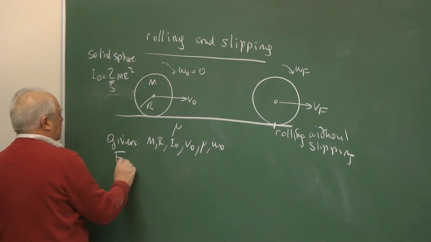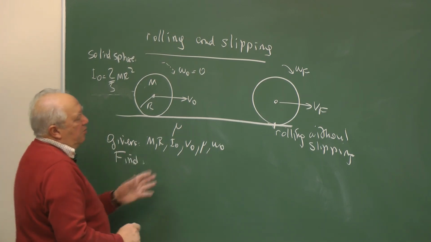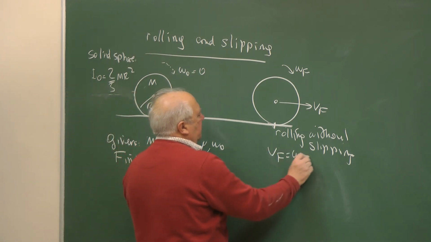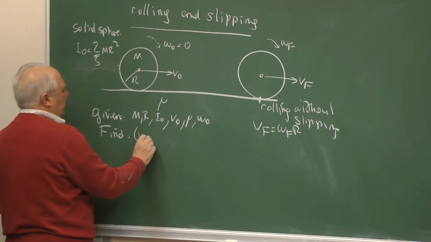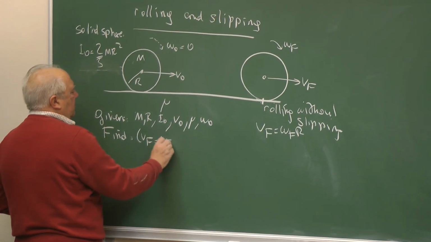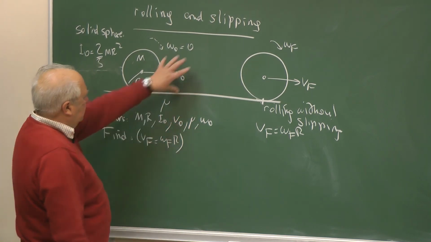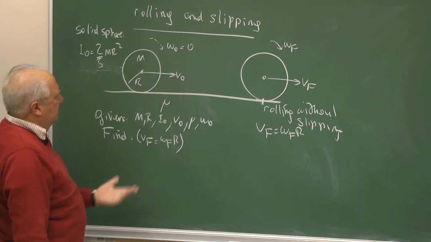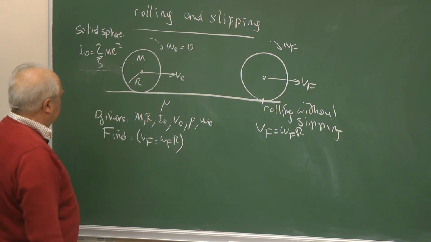Find, well, rolling without slipping means vf is equal to omega f r. So if you find one, the other one is easy. But here they are not related with such a relation because it is slipping and rolling here.